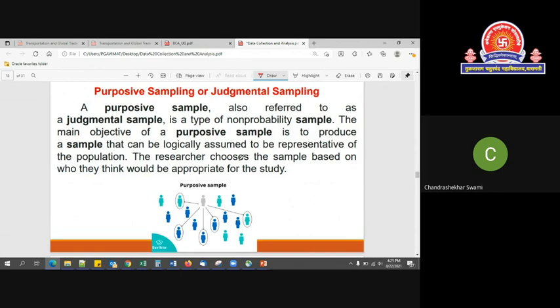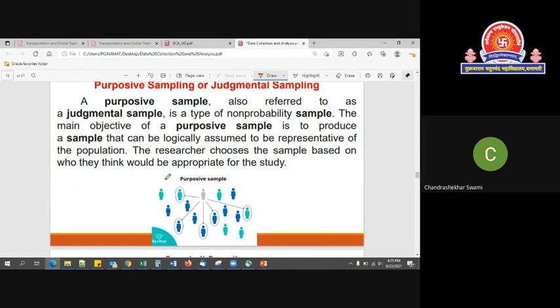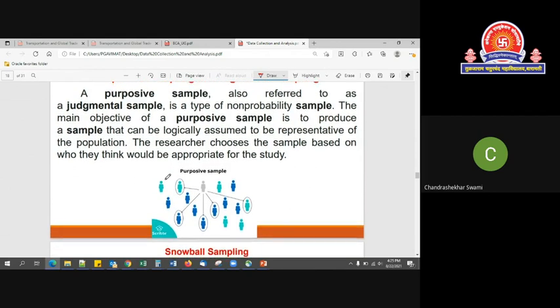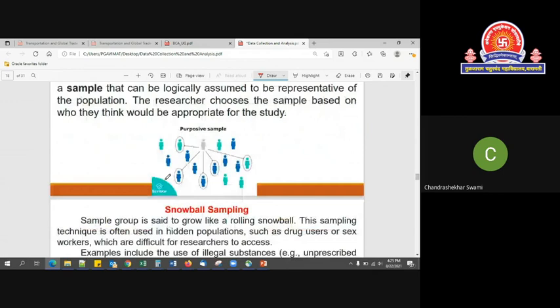The researcher chooses the sample based on who they think would be appropriate for the study, appropriate for cricket. In this way we are doing the sampling, and such a sampling method is called as what? Purposive sampling.